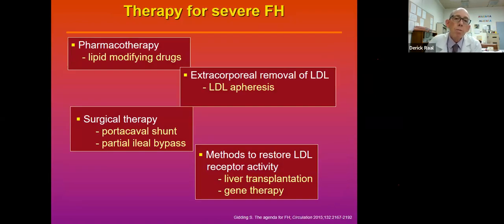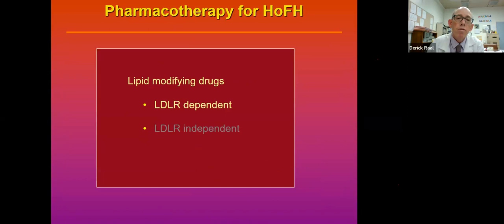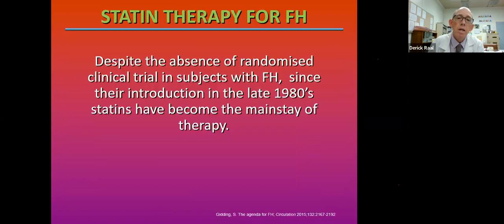So just reviewing treatment briefly, I'm going to concentrate on the lipid modifying drugs. It's only for the very rare severe homozygote patients that we have to think about LDL apheresis, liver transplantation, etc. We can divide the lipid modifying drugs into 2 classes: those that are dependent on LDL receptor function, so you need to have some LDL receptors for them to work, and then I'll briefly mention the LDL independent drugs a little later.